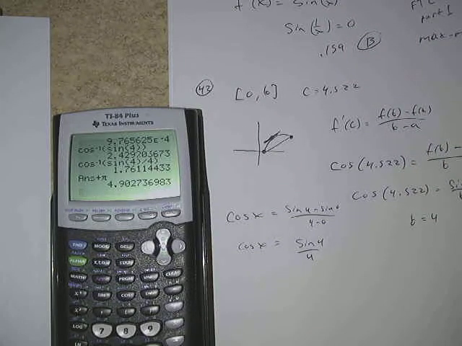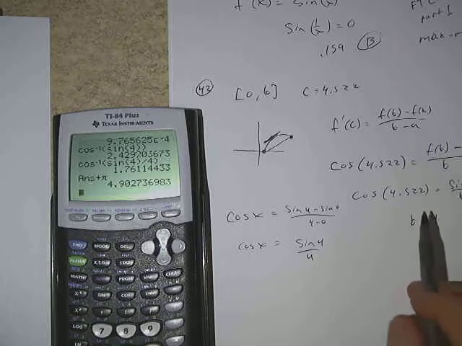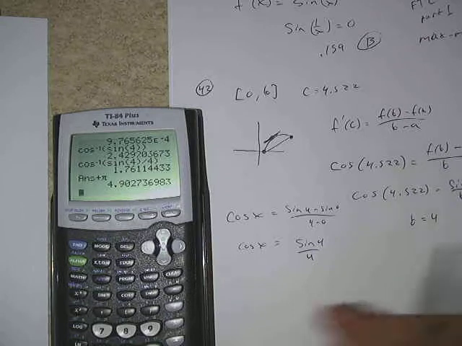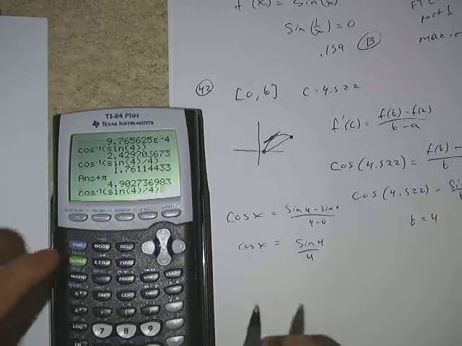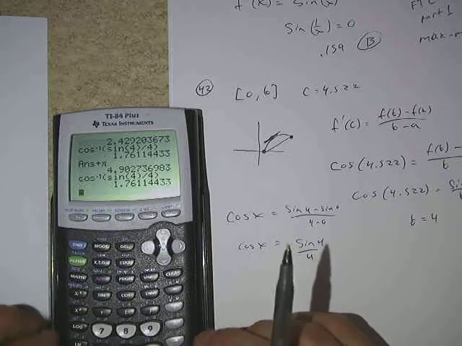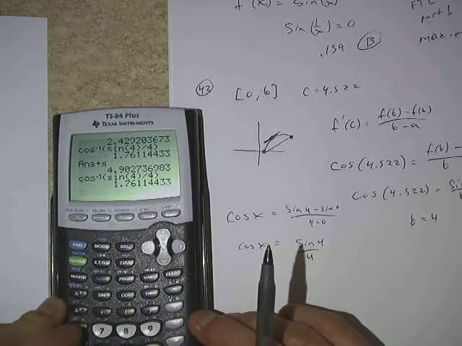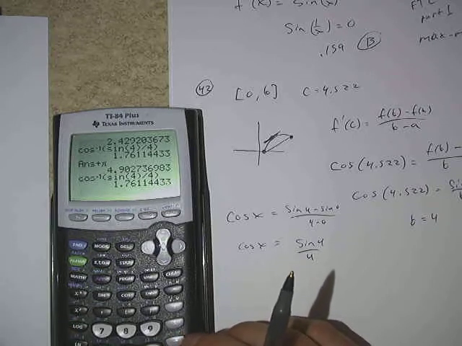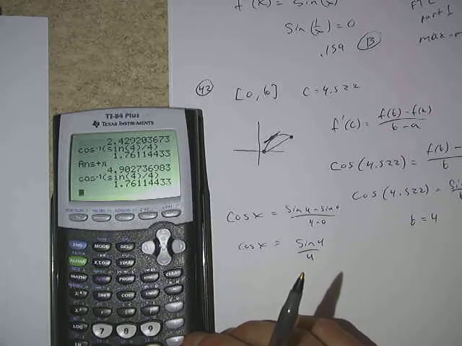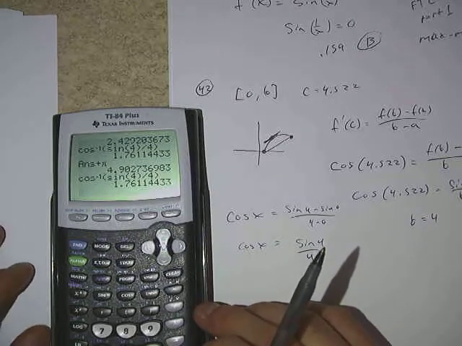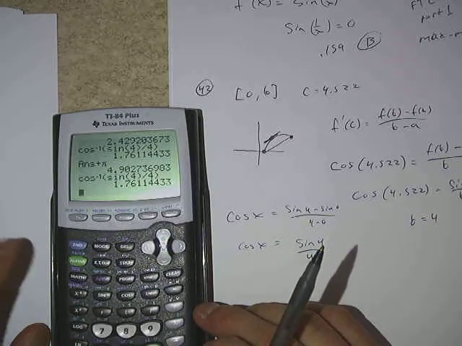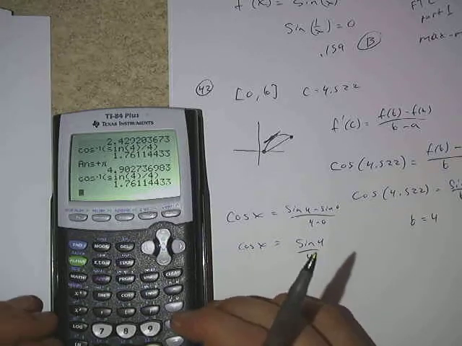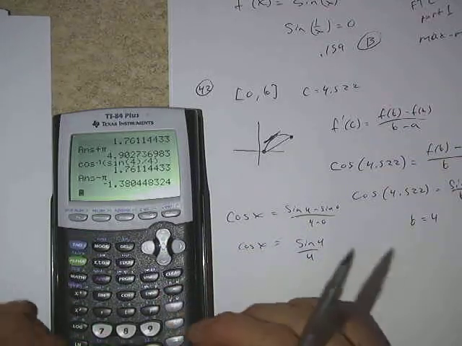Oh, I know why. This is the first quadrant answer I'm getting because it's cosine inverse. This 4.522 is not in the first quadrant. It's actually a third quadrant if I added pi to that. No, that's not right either. No, 1.76 isn't in the first quadrant either. That's actually in the second, isn't it? Let me get that back on there for a minute. Alright, so luckily we just know we did it right in the first place.